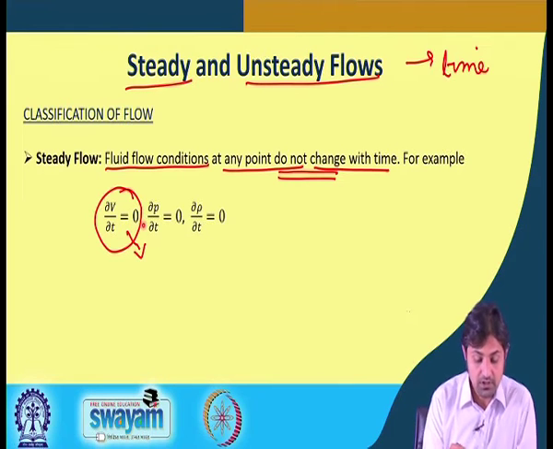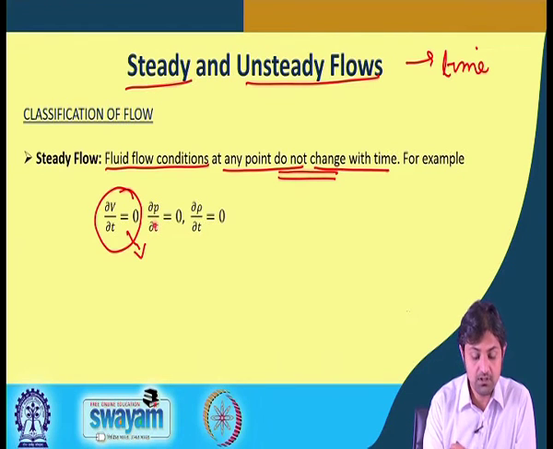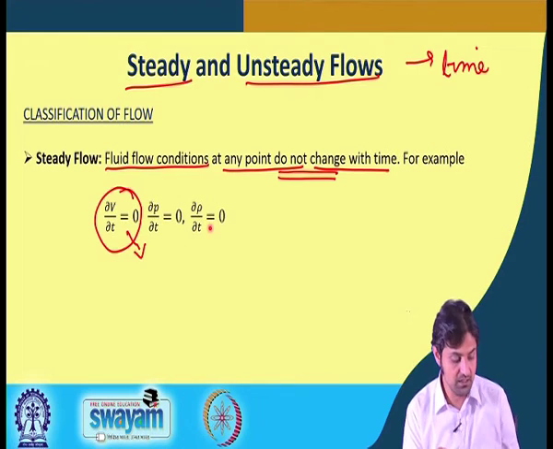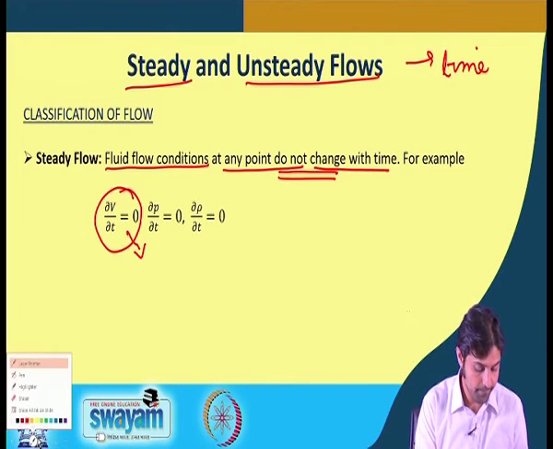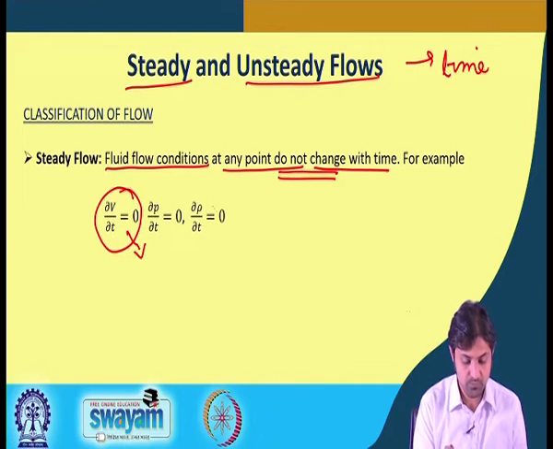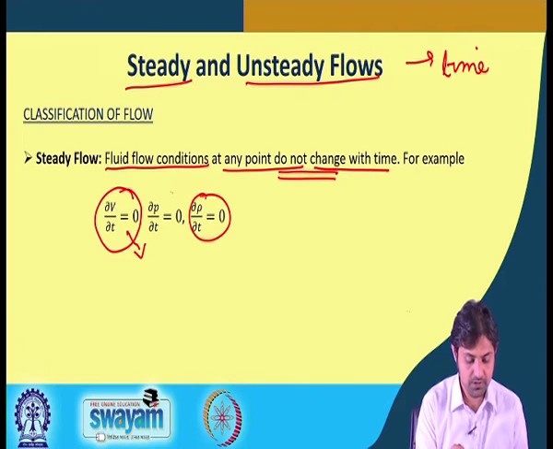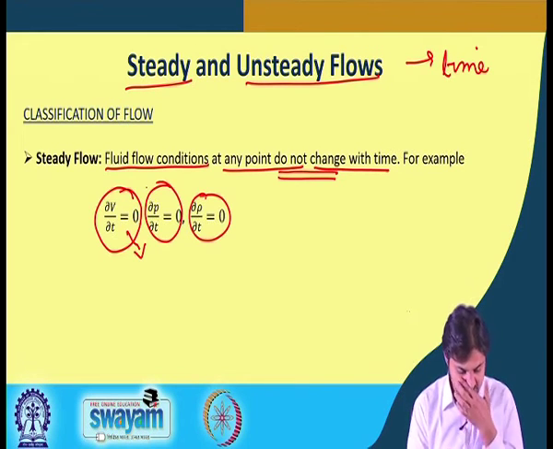Same is the case with pressure: the change in pressure with respect to time is equal to 0, and the same is true for density. The change in density with respect to time is again 0.